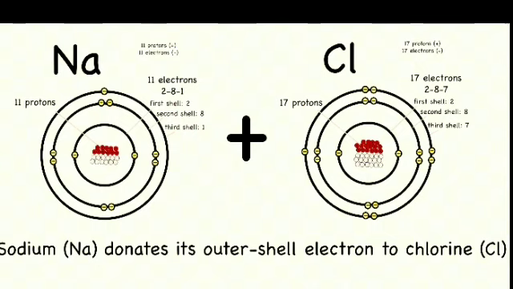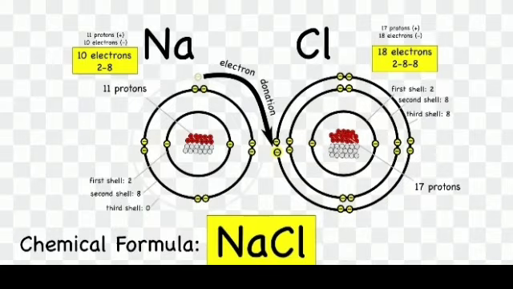A sodium atom has the capacity to give away one electron, while a chlorine atom has the capacity to take up one electron. This means that the valency of both the elements sodium and chlorine is 1.